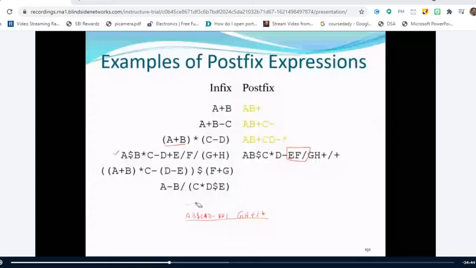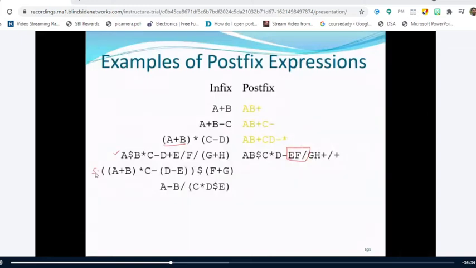What about the answer for the fifth one? Please try it and tell me what is the answer for the fifth one.